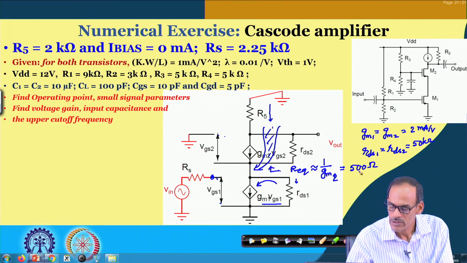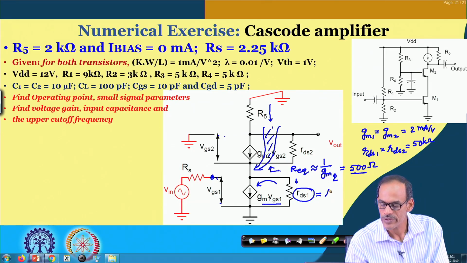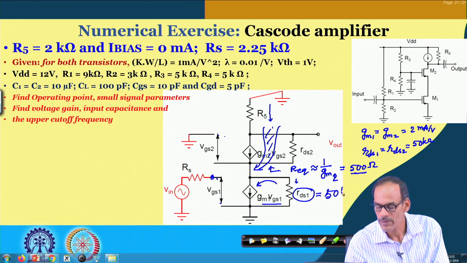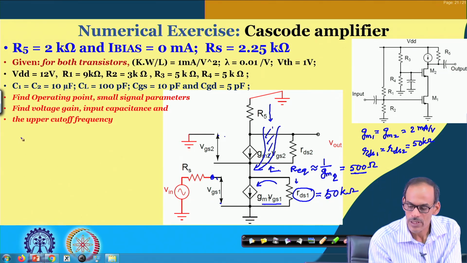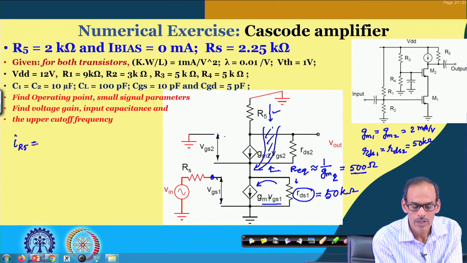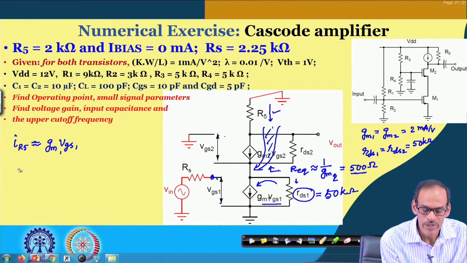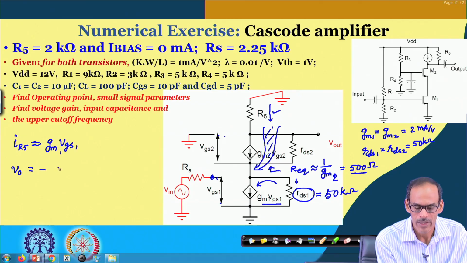It is of course significant, but still much smaller than this rds1, which is 50 K. So we can say that the current flowing through R5, denoted as IR5, is approximately equal to gm1 times VGS, and then the corresponding output voltage VO equals minus R5 gm1 VGS1.